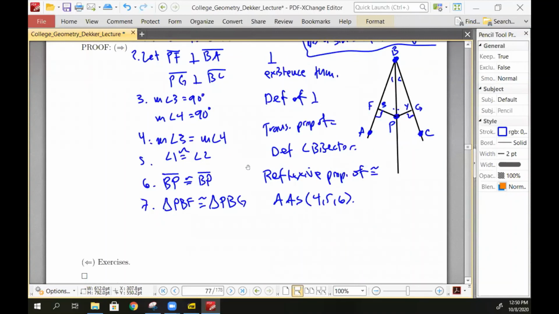Once we have that, we have that PF is equal to PG. Distances, so no lines over top. And this is by the definition of congruent triangles. And once we have that, then we have that P is equidistant from BA and BC.